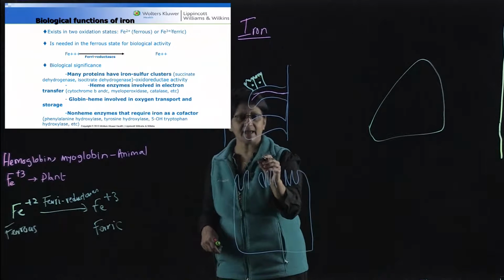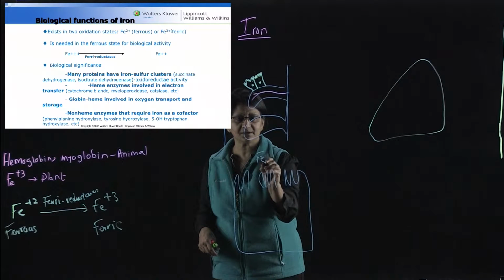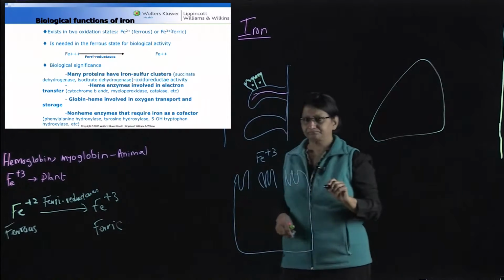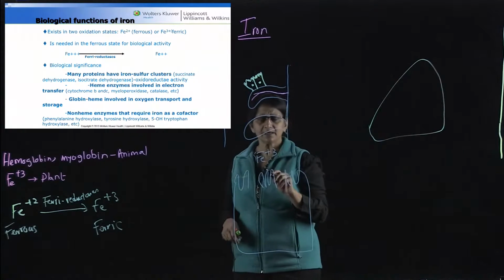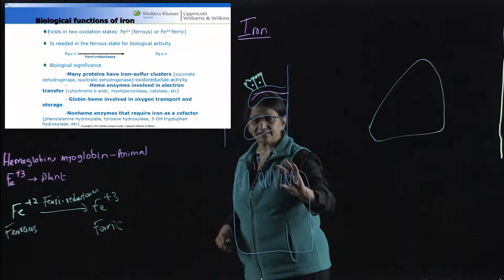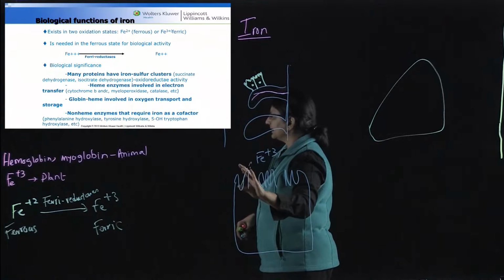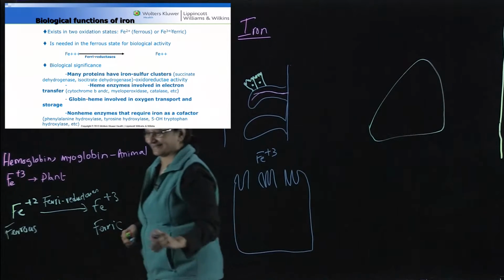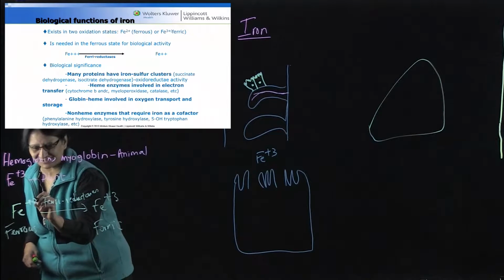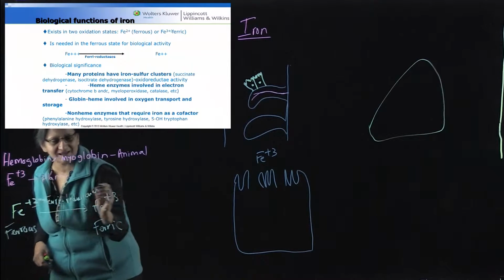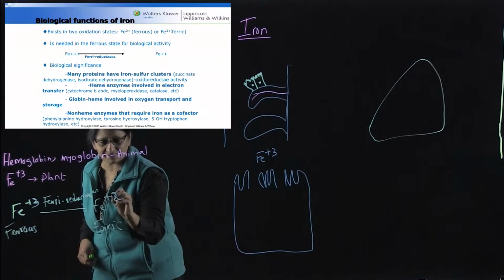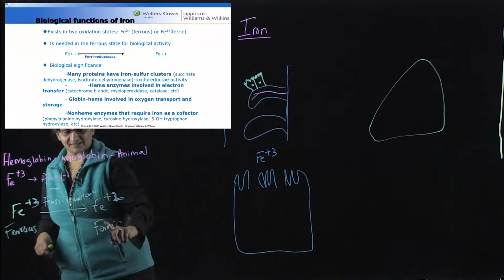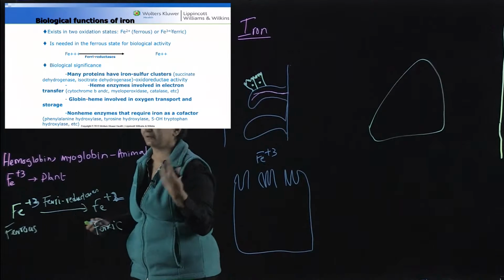When the iron shows up here as Fe+3, there is a ferrireductase that is present. I am going to go back and correct this. It is a reductase, so it has to go from Fe3 to Fe2, and I apologize for that. So this would be the ferric form and this would be the ferrous form.